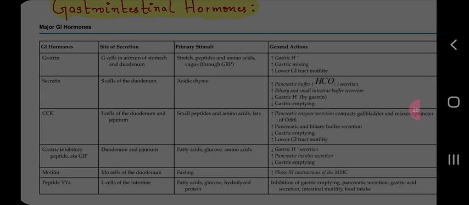Motilin: M cells of the duodenum. The primary stimulus is fasting, and it increases phase 3 contraction of the MMC, the migratory motor complex. Peptide YY: L cells of the intestine. Primary stimuli are fatty acids, glucose, and hydrolyzed protein. It inhibits gastric emptying, pancreatic secretion, gastric acid secretion, intestinal motility, and food intake.